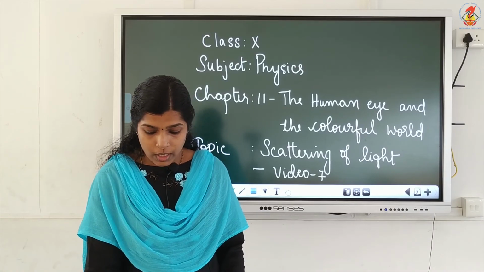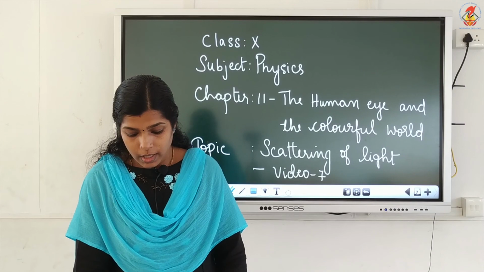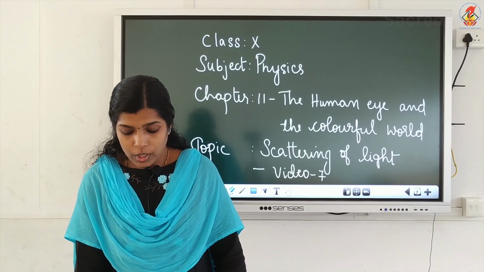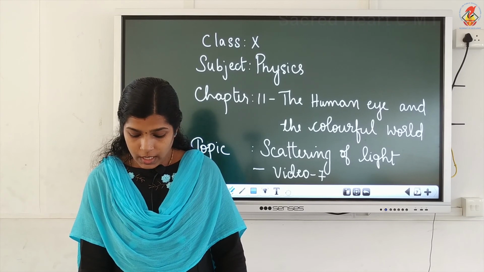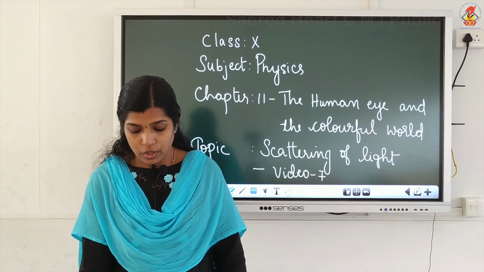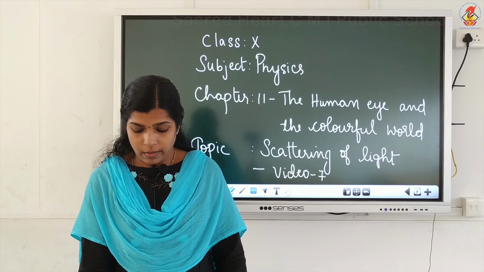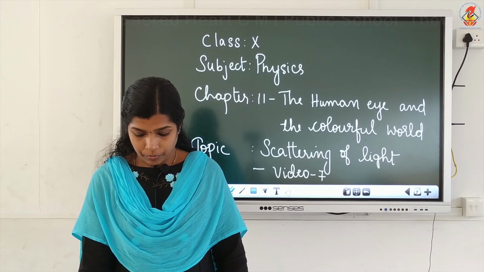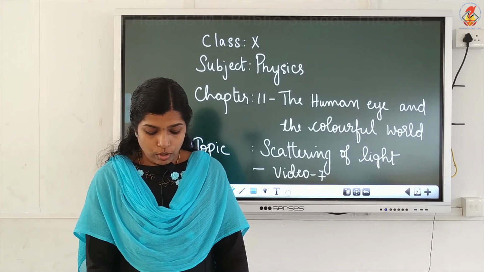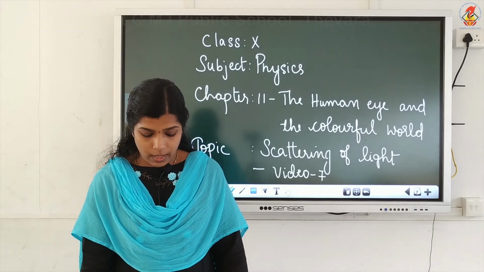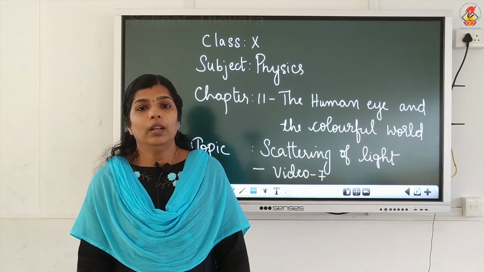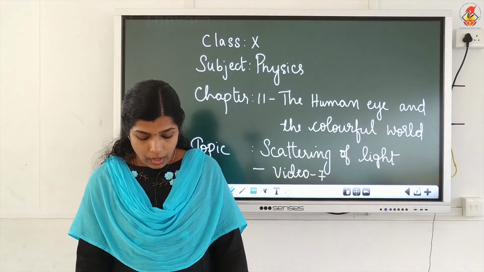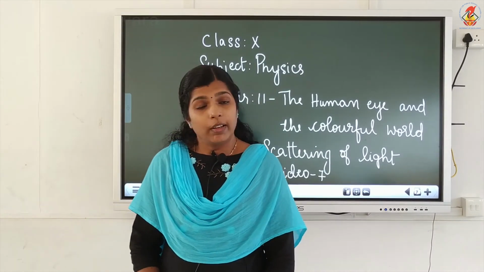This activity demonstrates the scattering of light, which may help you to understand the bluish color of the sky and the reddish appearance of the sun at the sunrise and sunset. So, blue color of the sky will be seen. On the screen, you will be able to see a dark red color spot.